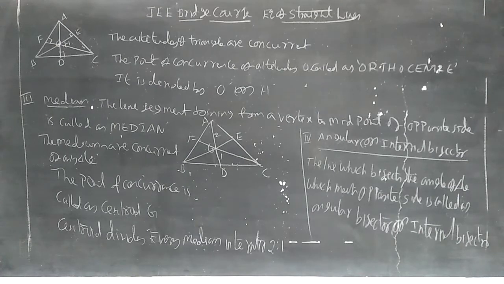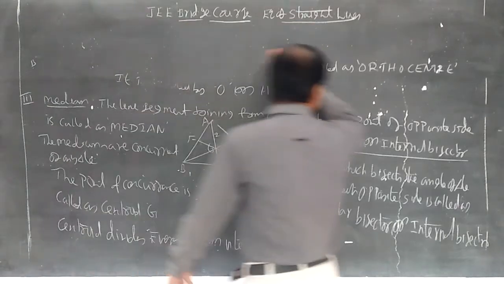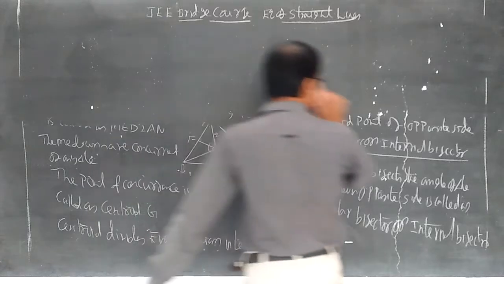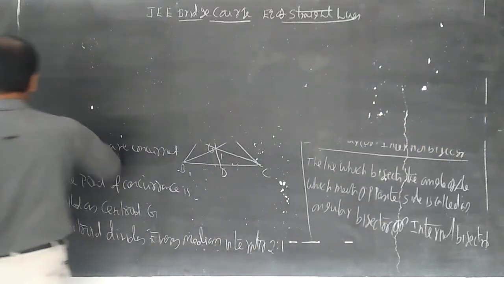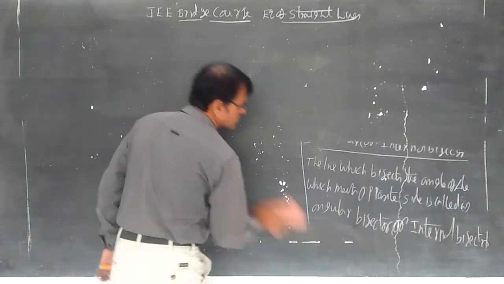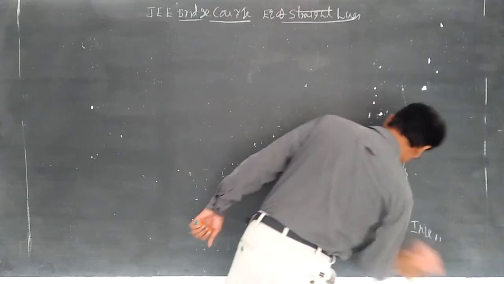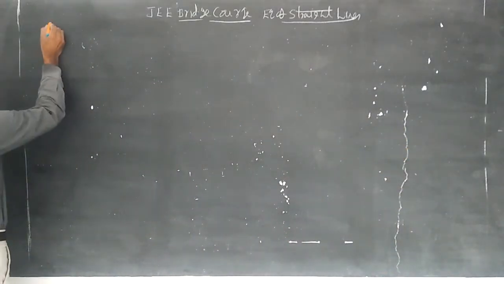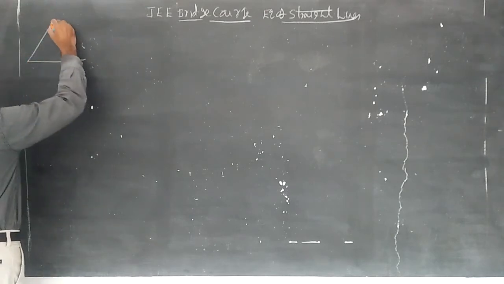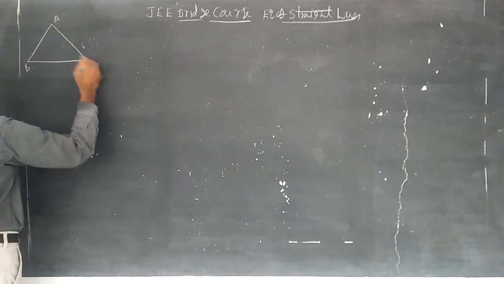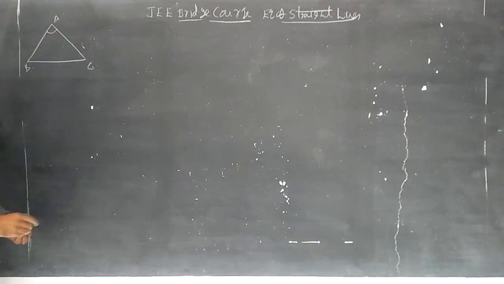We have the rule that the internal bisectors of a triangle are also concurrent. Draw the triangle. Put here A, this is B, this is C. Indicate like this.